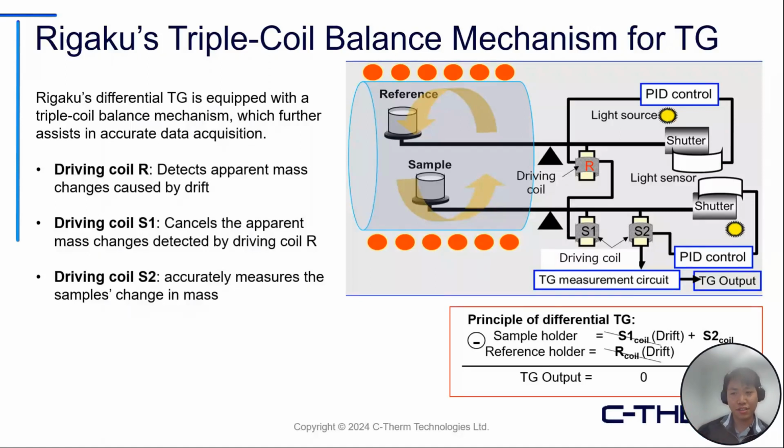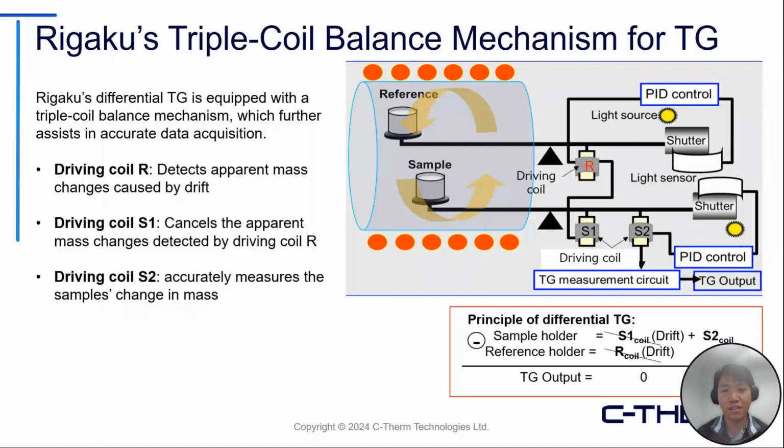And this detection of light will correspond to activation of the driving coil, which would try to move the sample holder to its nominal position such that the light is being blocked from the light source.